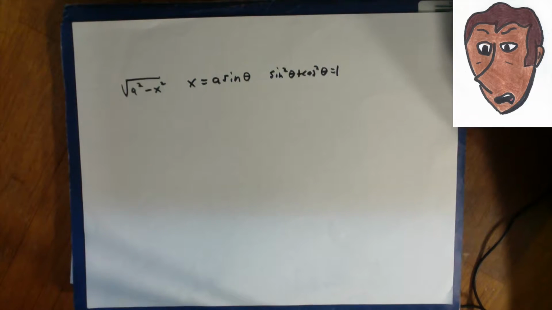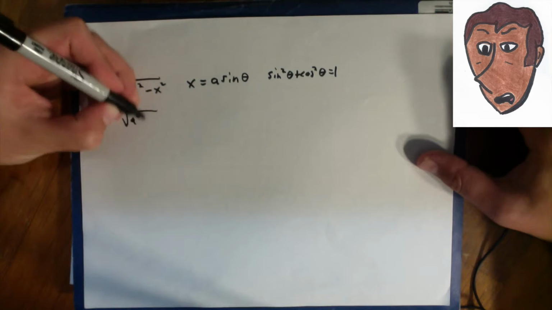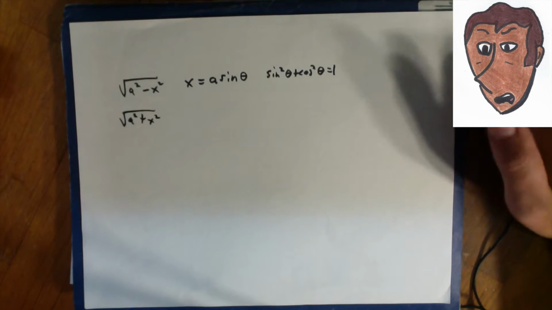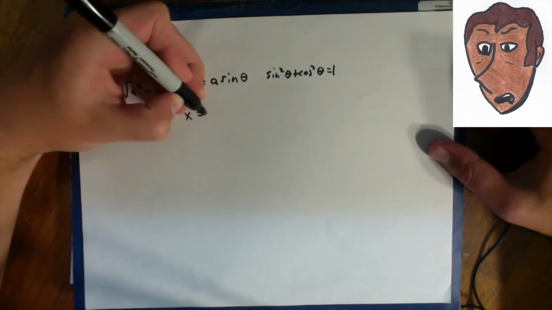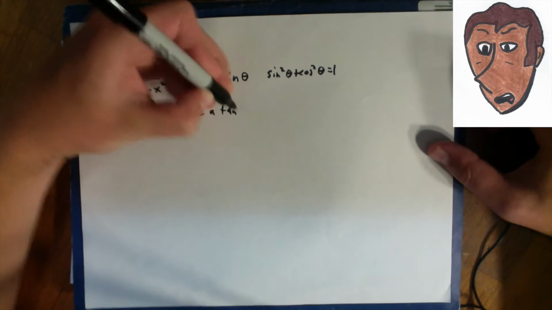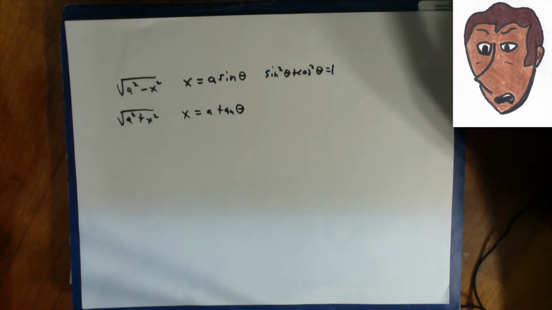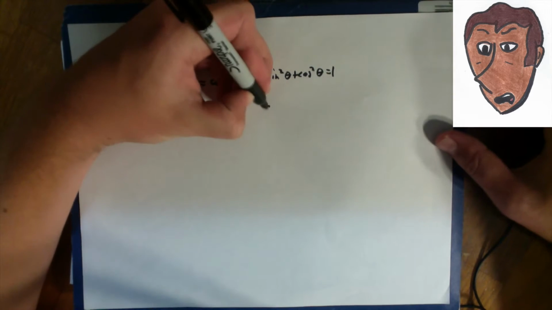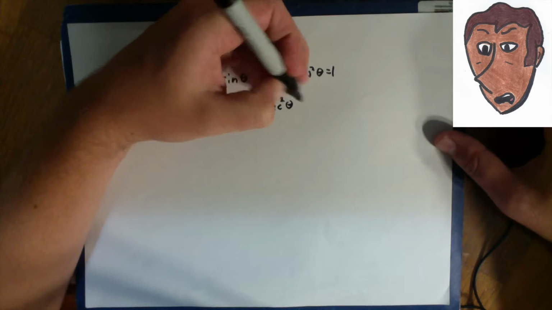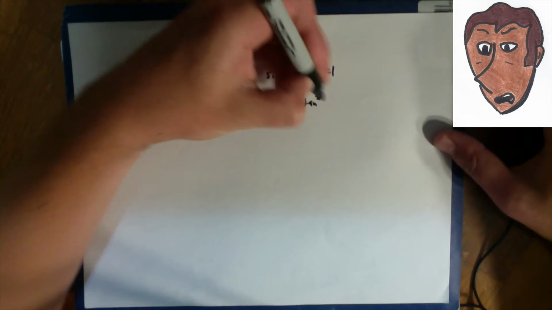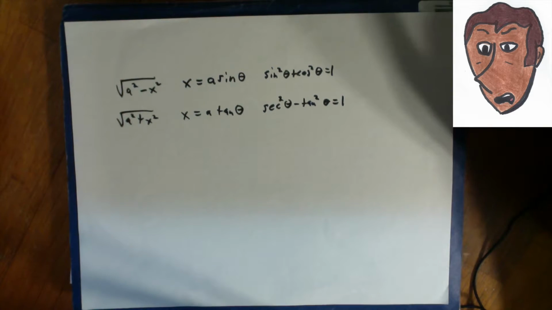There are other forms to consider too, though. We might have the square root of a squared plus x squared, in which case we should use the substitution x equals a tangent theta. And so in this case, there's a slightly different trig identity to use. It's secant squared theta minus tangent squared, same deal.